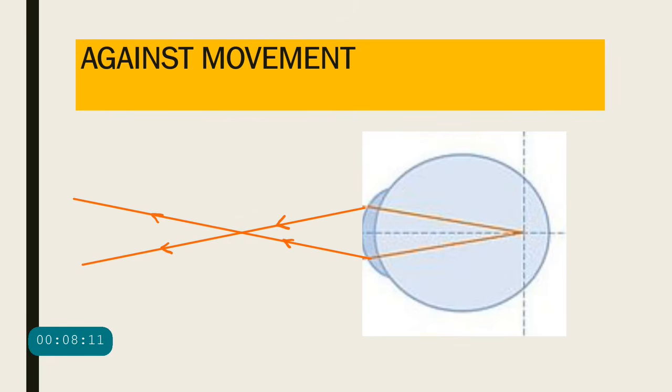Now, what will happen in against movement, and why do we see against movement? Okay. Now, in case of myope, let me tell you, you basically see against movement, and why is it so? In myopes, I told you that the image is formed in front of the retina. So as it is not in the fovea, it is in front of the fovea. The far point in myope is also present actually in less than infinity, right?